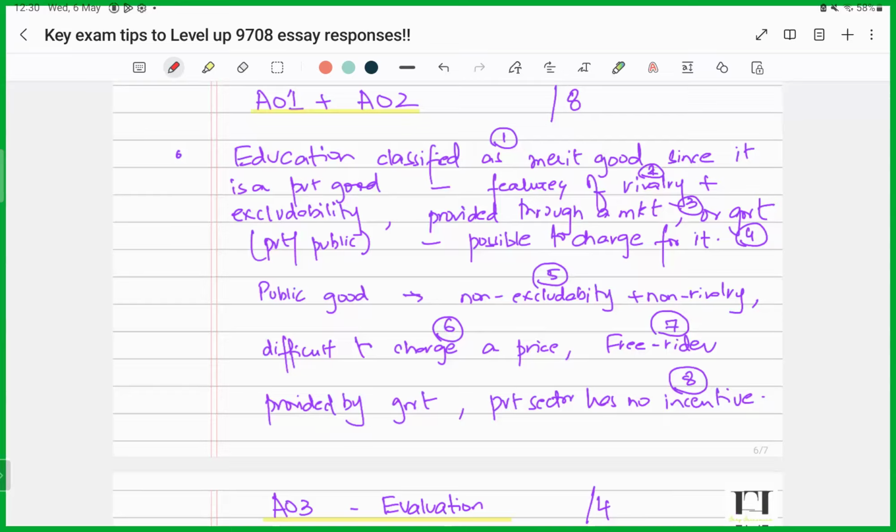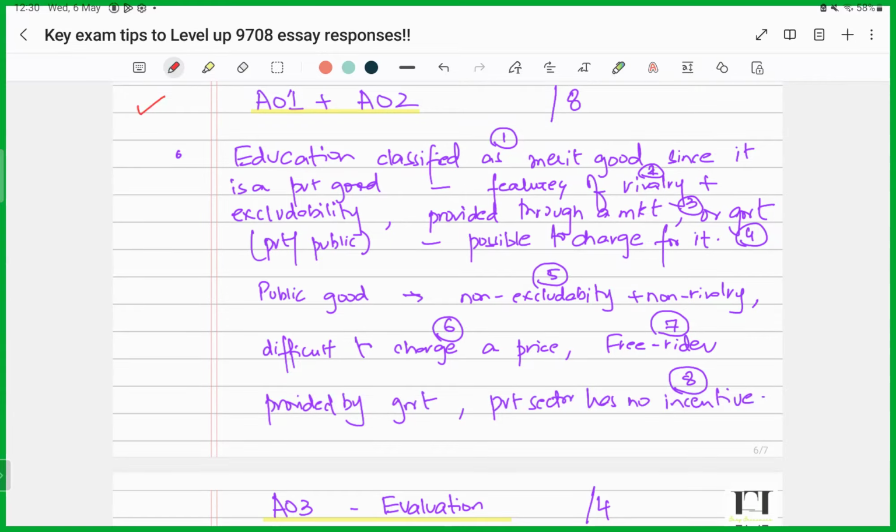That is why it's provided by the state, and the private sector has no incentive to provide a public good. So this is what you had to write when you are talking about a 12 marker, and when we are talking about assessment objective 1, that is knowledge and understanding and analysis, right?